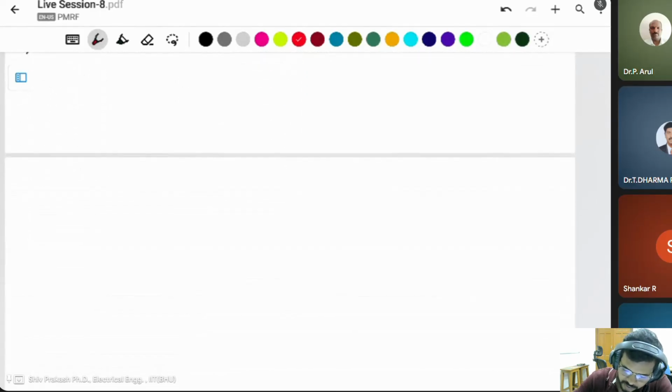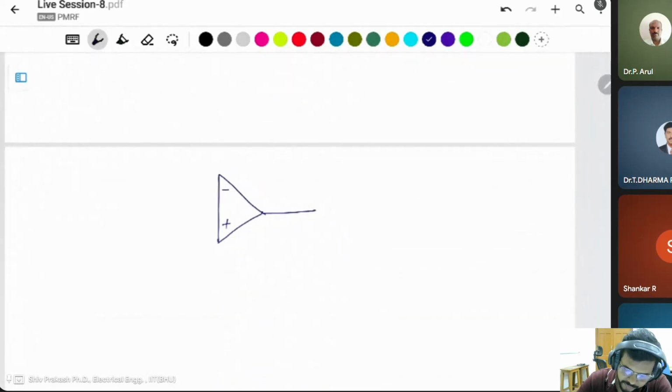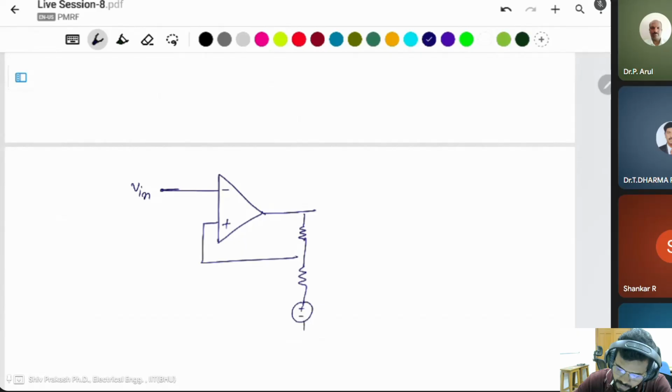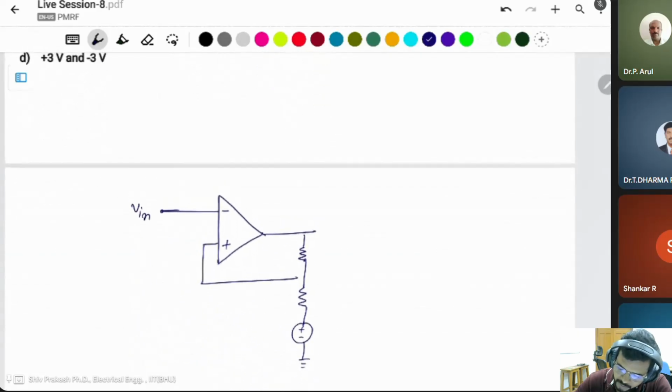Okay, some circuit I want to draw here. This is plus and this is negative. 3 volt, 5 kilo, Vout.